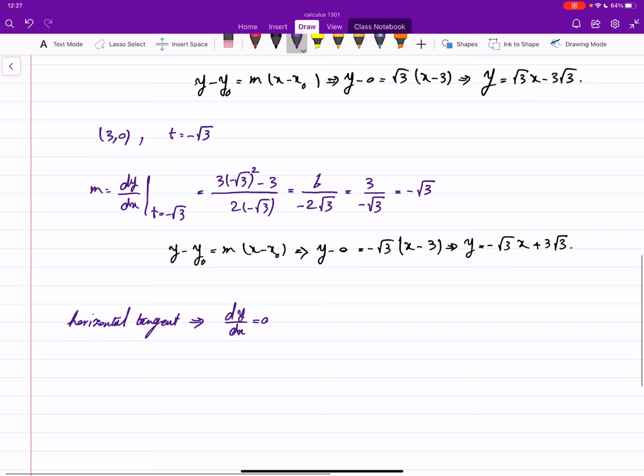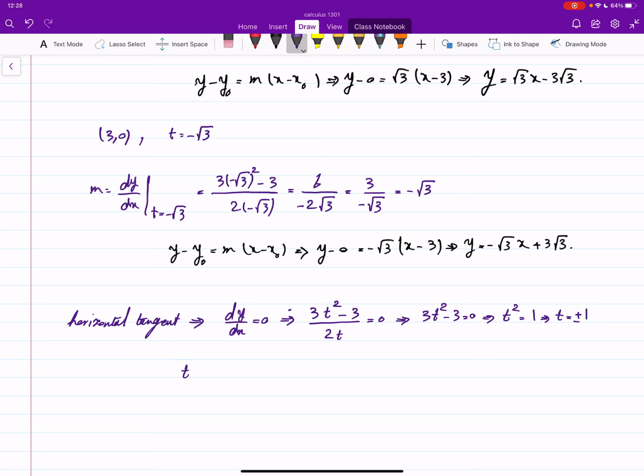In other words, (3t squared minus 3) over 2t is going to be equal to 0. That implies that the numerator must be equal to 0, and that implies that t squared is 1. And this means t is either plus 1 or minus 1.